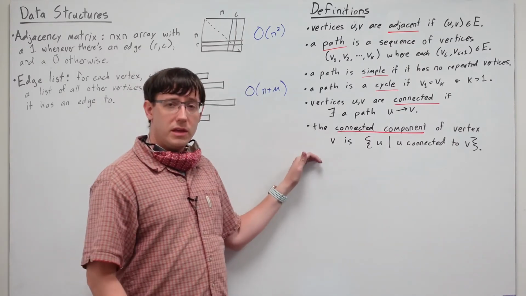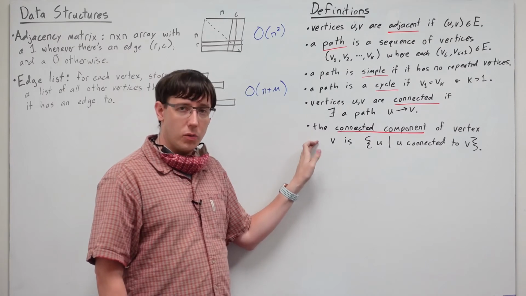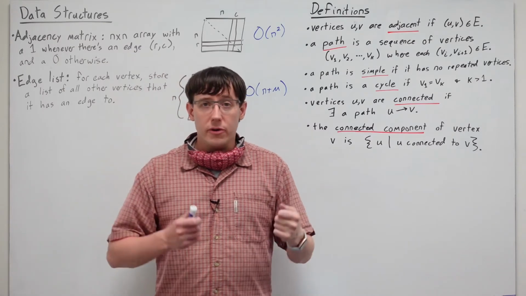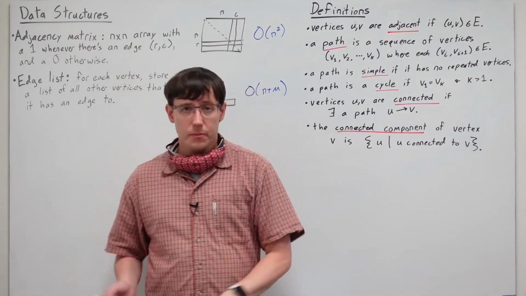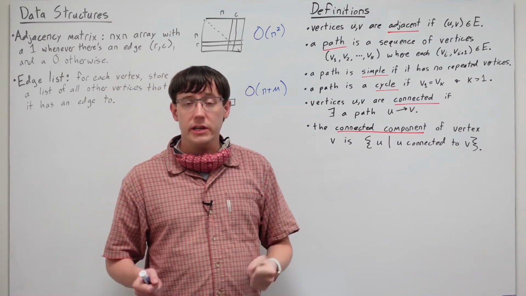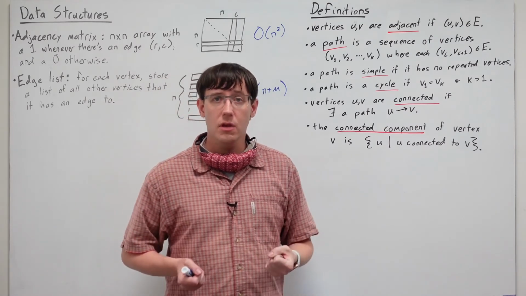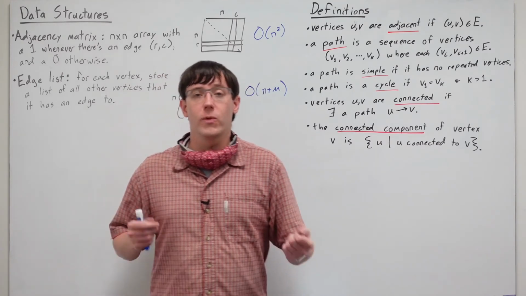Of note, these ideas of connected and connected component would be different in directed graphs or undirected graphs. And so these definitions I've given here apply specifically to undirected graphs, and we will talk about the analogous definitions for directed graphs later.